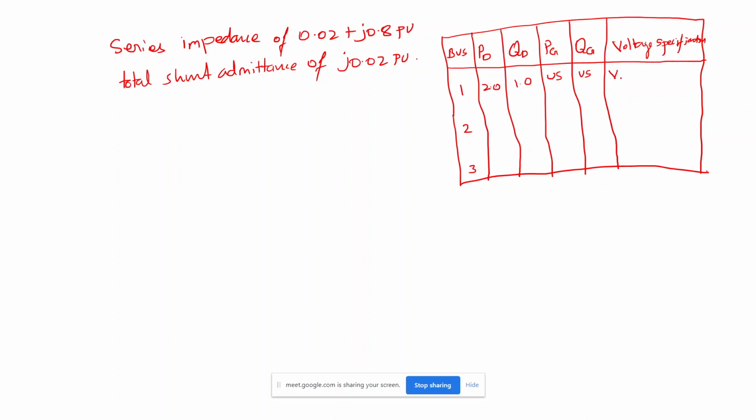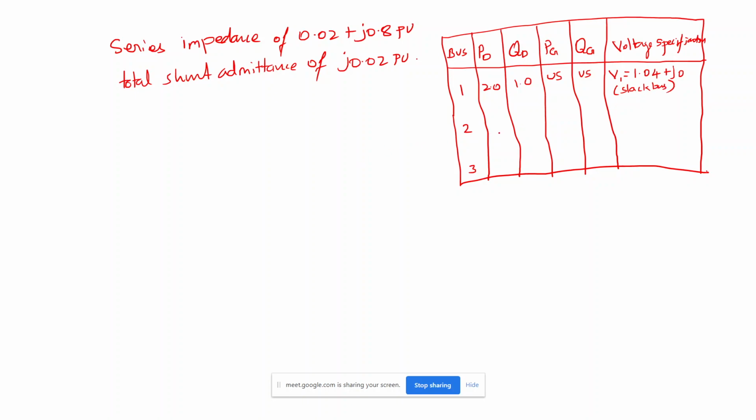So V1 is also specified, they have given 1.04 + j0, which means the angle is 0, because for the slack bus the angle is 0. This is a slack bus.